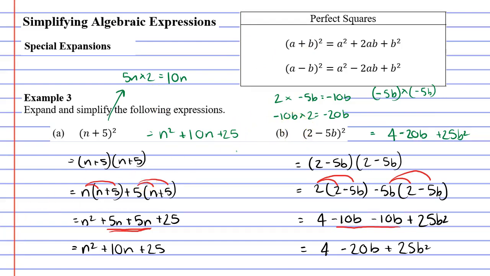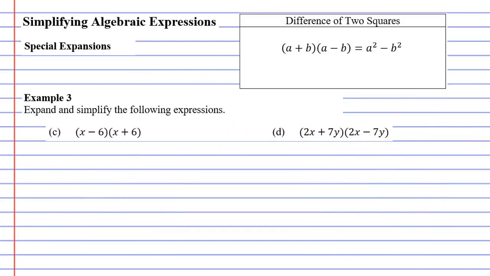Anyway, let's now move on to questions C and D. We're going to do the difference of two squares now. You'll notice in question C here, and we're trying to expand and simplify them, both sets of brackets look very similar, except that one's got a minus symbol and one's got a plus symbol. And that's something you'll notice.